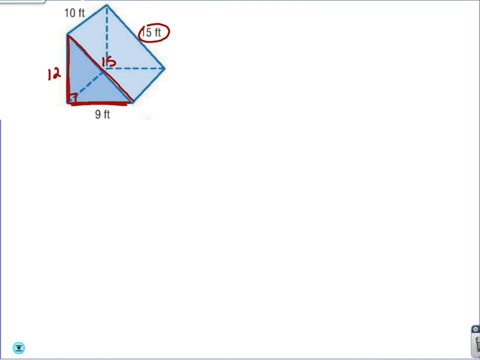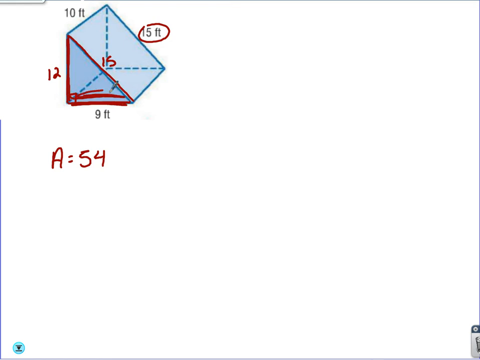So the area of this base, sounds good, is 54. In order to find the volume of this prism, we take the area of that bottom and we multiply it by the height. Colton, if this thing was sitting on its base, how tall would it be? This is the base.